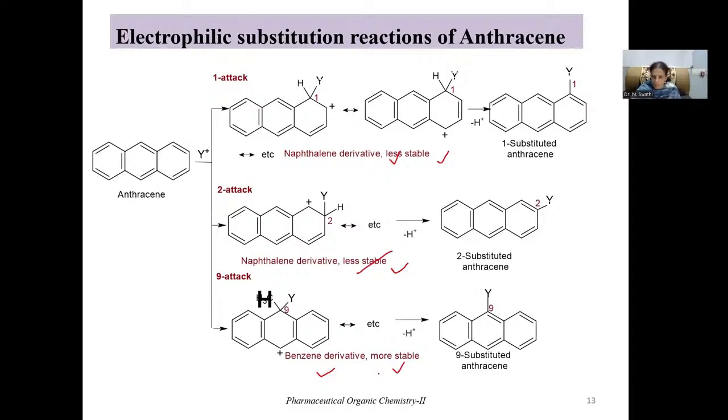It is because of this reason that as soon as the carbocation is formed in gamma attack, it immediately undergoes the deprotonation step, and it results in the formation of the 9-substituted derivative. So it is because of this reason that gamma attack or 9 attack is more preferred in the case of anthracene when compared with 1 and 2 attacks.